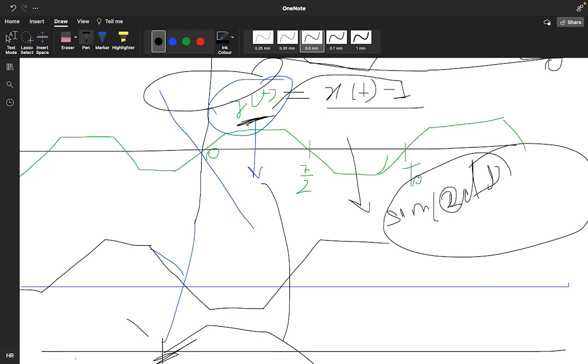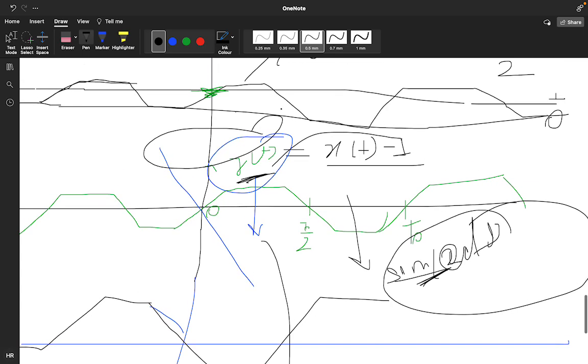Odd signal means only sine terms will be present. Because you make this signal in this form by subtracting 1, whatever you get, you need to add 1. So 1 is the DC value. That's it.